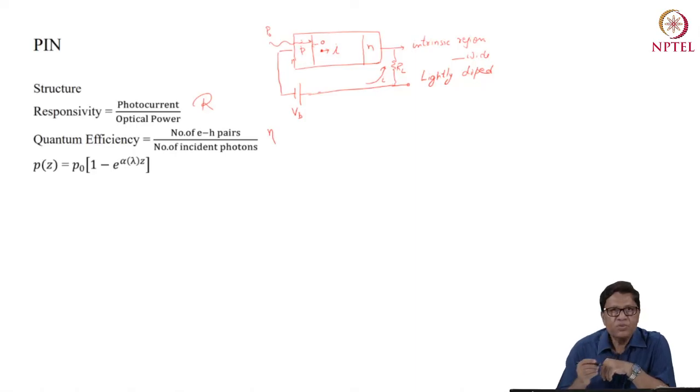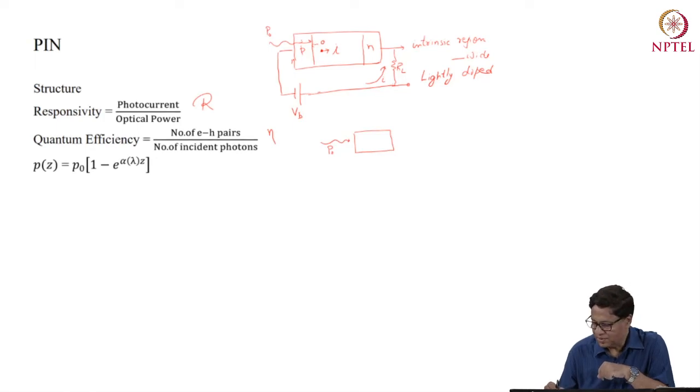Now let us try to find the mathematical expressions for responsivity and quantum efficiency. Inside a semiconductor, if I launch power P0, it is absorbed as the power travels through the semiconductor diode. This could be, for example, width W. Then the power falls because it is getting absorbed.